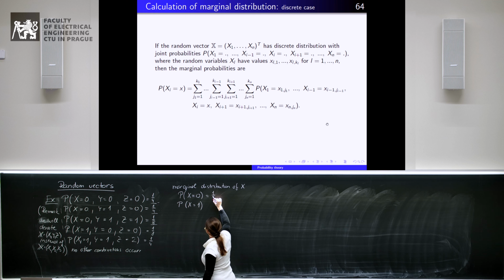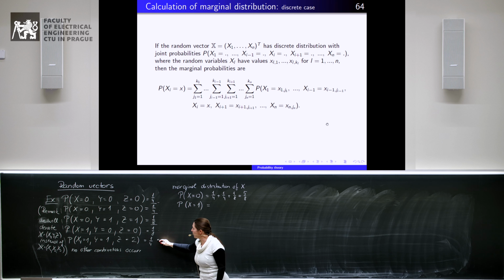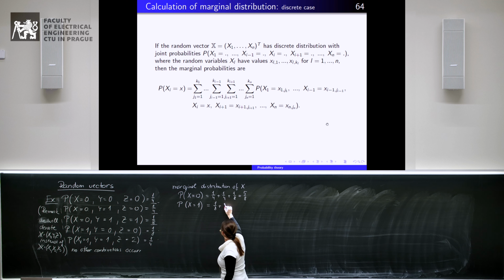So the probability is 1/4 plus 1/4 plus 1/8, which is 5 over 8. And the probability of X being equal to 1 is, of course, 1 minus 5 over 8, so it must be 3 over 8. Or we can calculate it as the sum of the probabilities of the combinations where X is equal to 1. So 1/8 plus 1/4, which is, as we expected, 3 over 8.